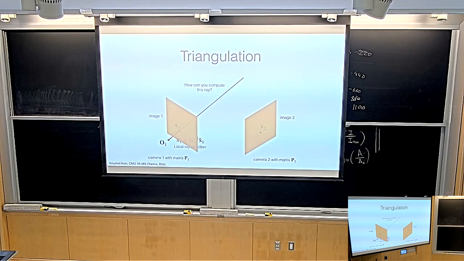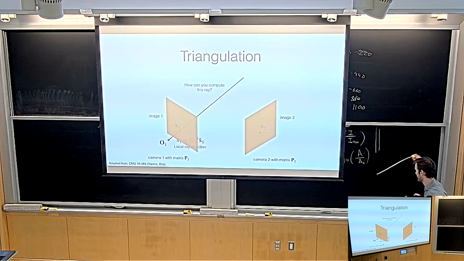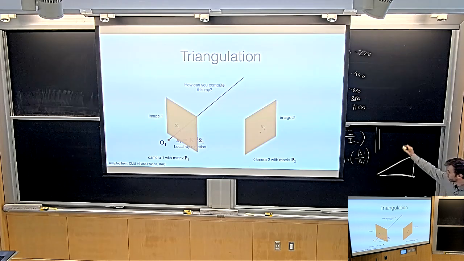So calling this the local ray direction, I just want to point out that this is not a unit vector. It's a direction that is not normalized. And you know that must be true because when you multiply it with the depth, it gives you the xyz coordinate of that point in camera coordinates. If it were a unit vector, it wouldn't give you the correct depth, because of this little picture we drew last time. Remember, I told you this is not the depth. This thing is the depth.